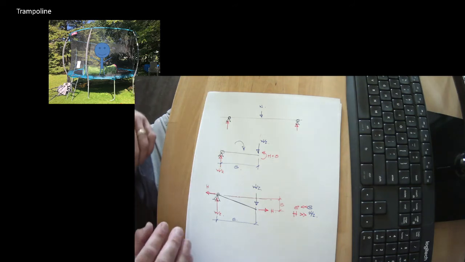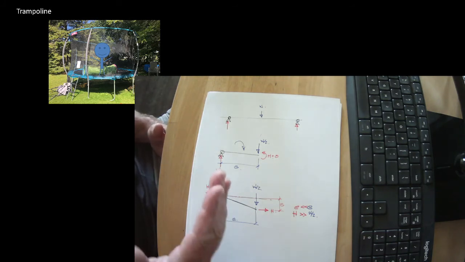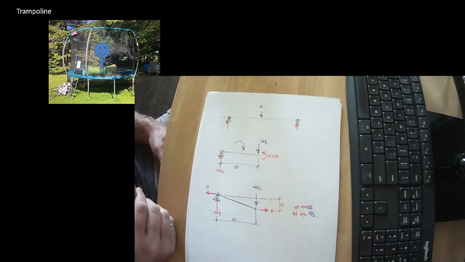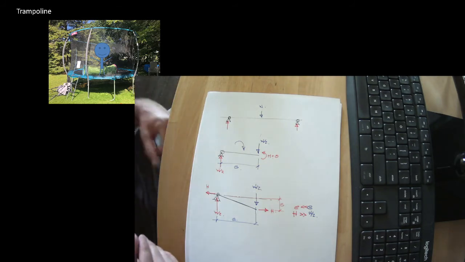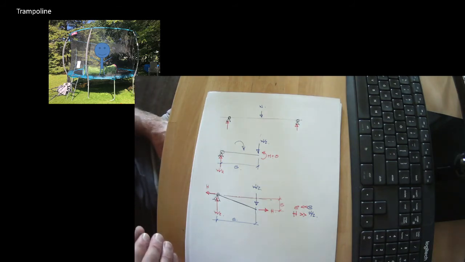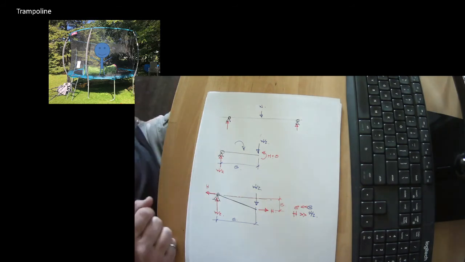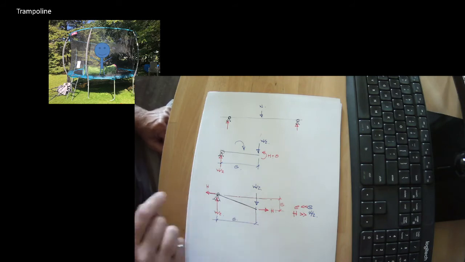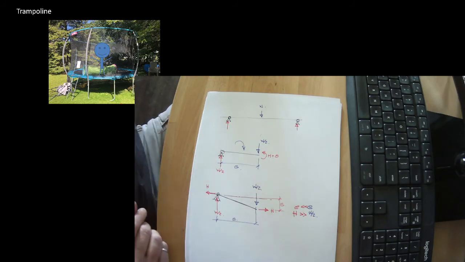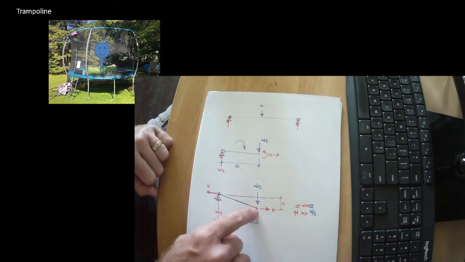It happens with banners, for example, under wind load, or fabric structures, covered structures. People look at the weight of the structure and therefore assume that the forces are small. But in fact, the in-plane forces are very large, much, much larger than the weight. So we have very large in-plane forces.